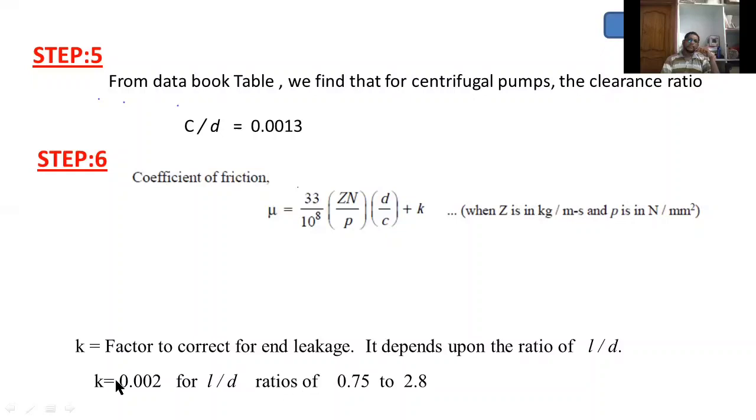Here the value of Z is always in kg per meter second, N value in RPM, and P value in Newton per mm square.